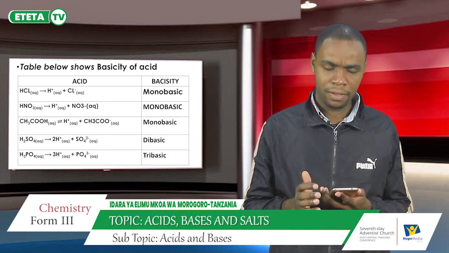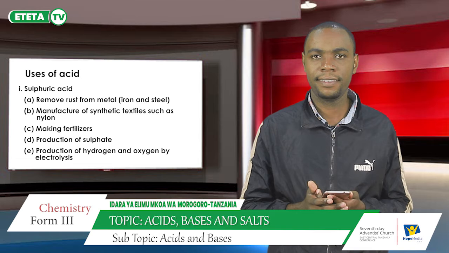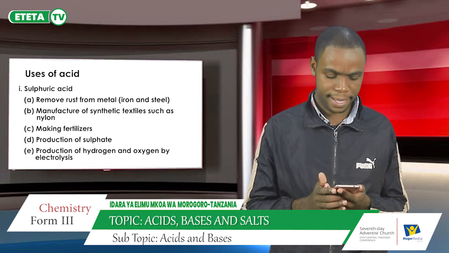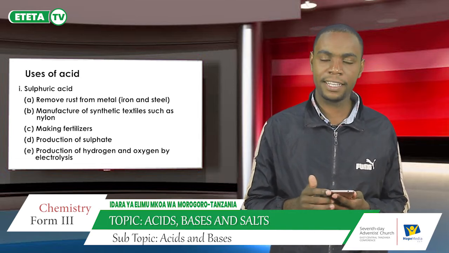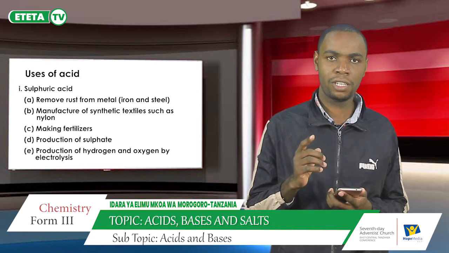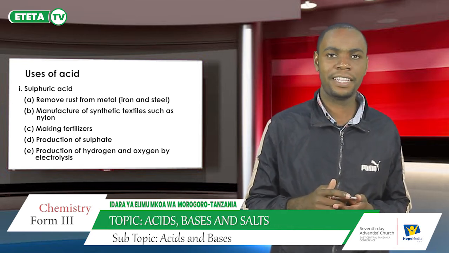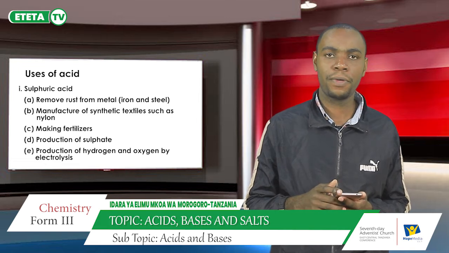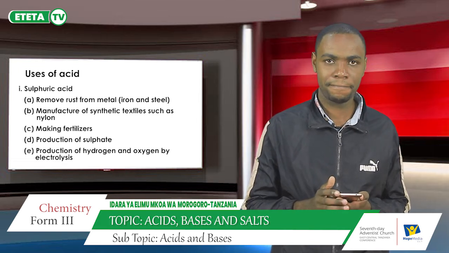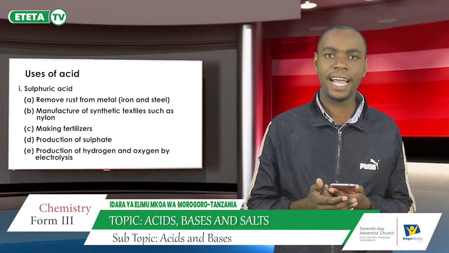Another thing which I'm going to explain to you is the uses of acid. Here I will show the uses of each of the common acids which are present in the laboratory, starting with sulfuric acid.